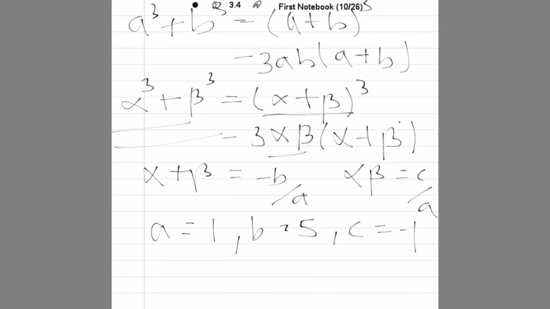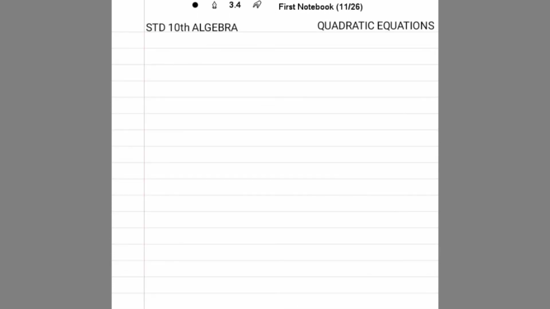So we get the value of alpha plus beta is equal to minus b upon a, that will be minus 5 upon a, that is 1. Therefore we get alpha plus beta is equal to minus 5, right? So we have put it in the box. Then we need to know the value of alpha into beta.